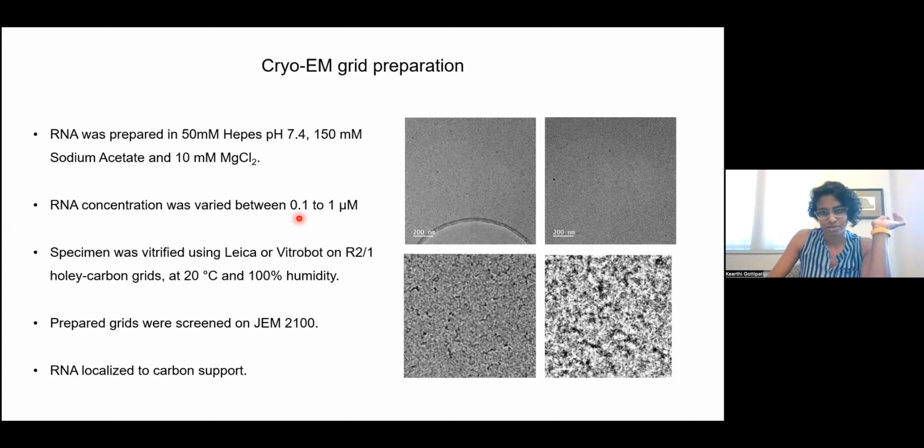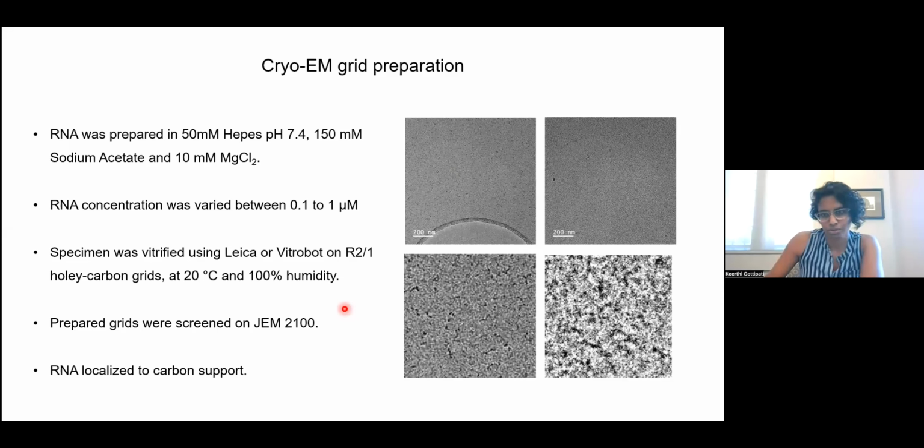We kept the RNA concentration pretty low, and we were doing manual blotting with Vitrobot at 20 degrees and 100% humidity. So I think this is a common problem with most RNA samples, where the RNA does not stick to the ice, but is targeted to the carbon support around the ice. This is just to show you that we were not seeing any sample inside, and most of it was sticking to the carbon.